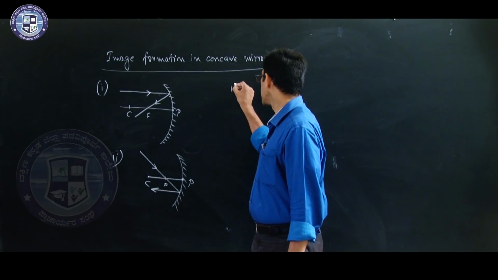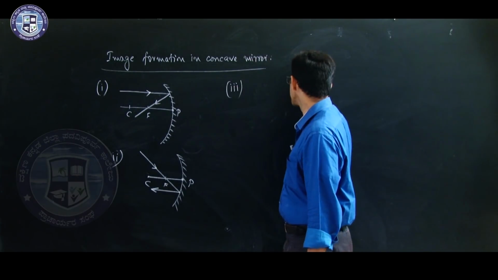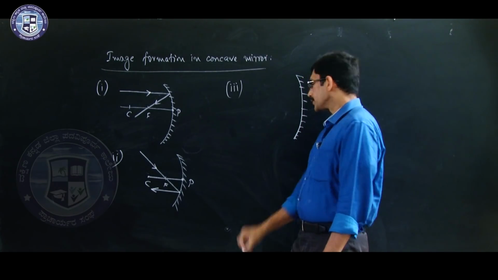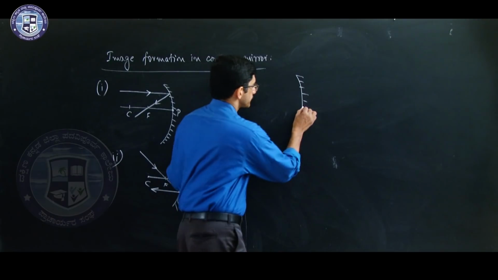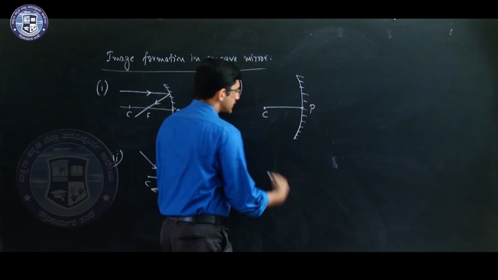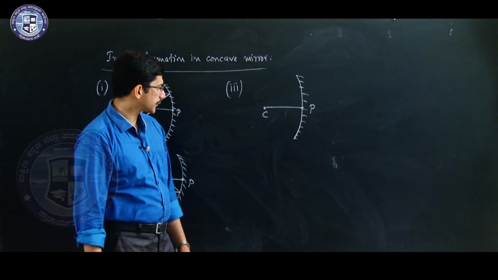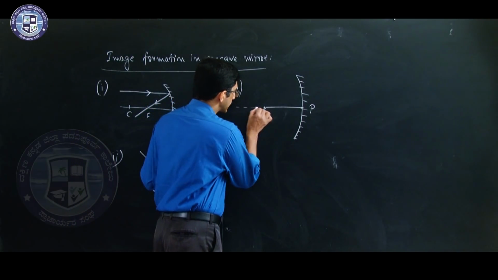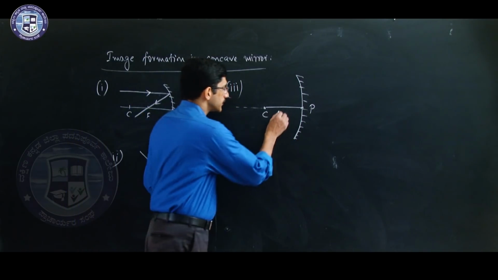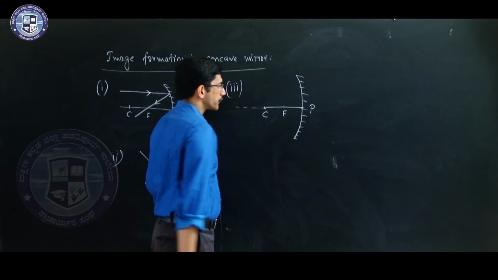And the third one is in a concave mirror. There is a pole. The line joining the pole to the center of curvature is nothing but the radius of curvature, and a straight line that is passing through is nothing but the principal axis. And here there is the focus.